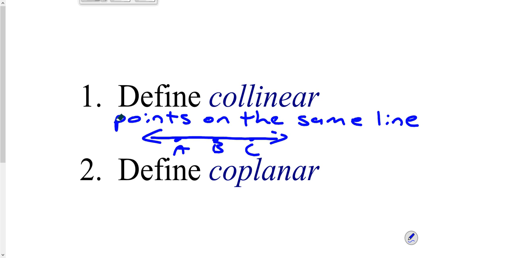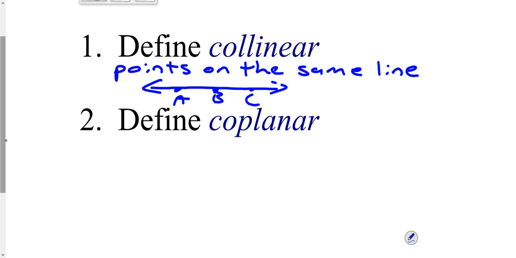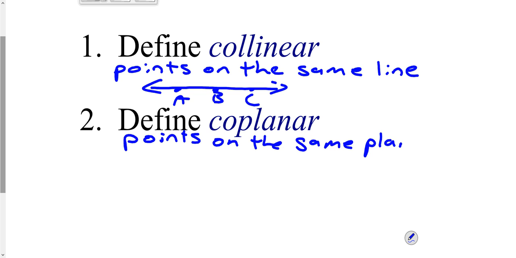And coplanar is any points on the same plane. So collinear, coplanar, we just need a quick review of what those are.